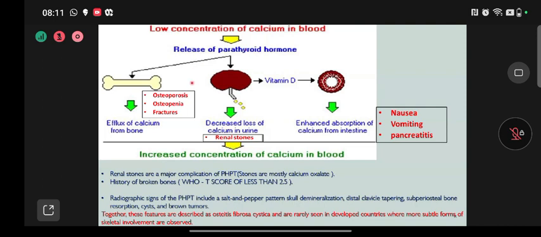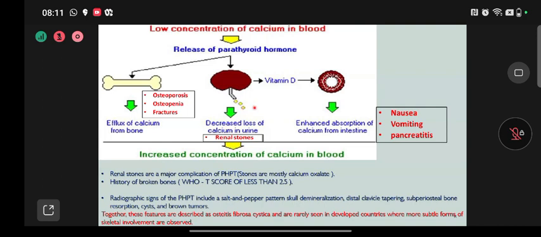When the PTH acts on the bone, it causes efflux of calcium from the bone, causing osteoporosis, osteopenia, and increased susceptibility to fractures.